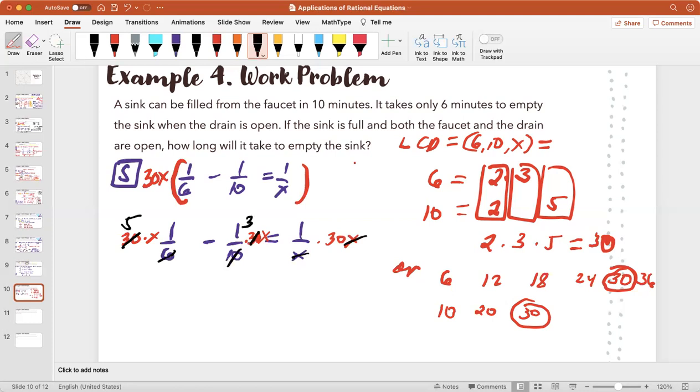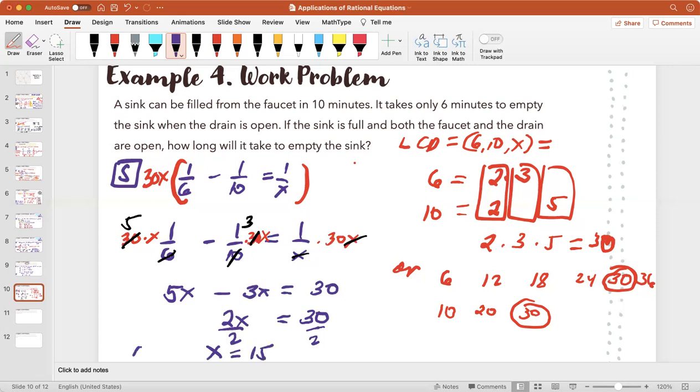Cancel your x. So now we multiply what we have left: 5 times x times 1 is 5x, minus 1 times 3 times x, 3x, equals 1 times 30, 30. 5x minus 3x, we have 2x equals 30. Divide by 2. Now your x is 15.